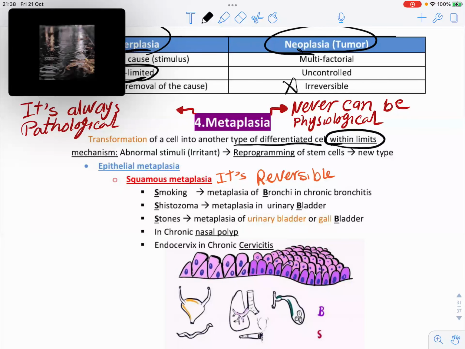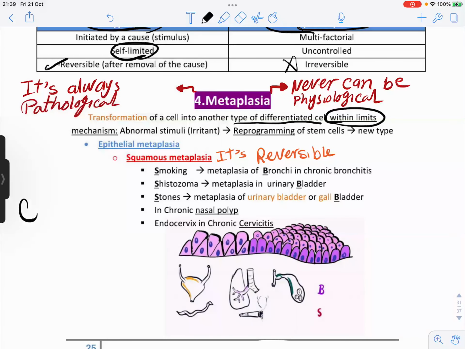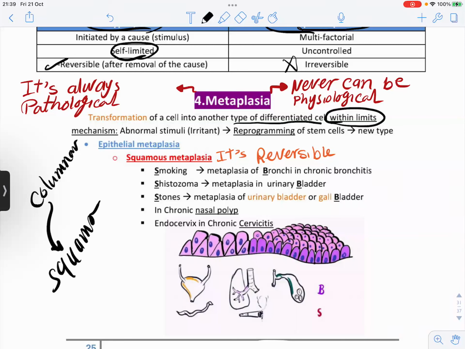For example, in epithelial tissue you may have columnar epithelial tissue. Columnar epithelial tissue can transform into squamous epithelial tissue, but still epithelial tissue. So columnar can be transformed into squamous, but both of them are epithelial tissue. So metaplasia is transformation of tissue into another tissue inside the category. For example, we have columnar, squamous, and transitional epithelial tissue.